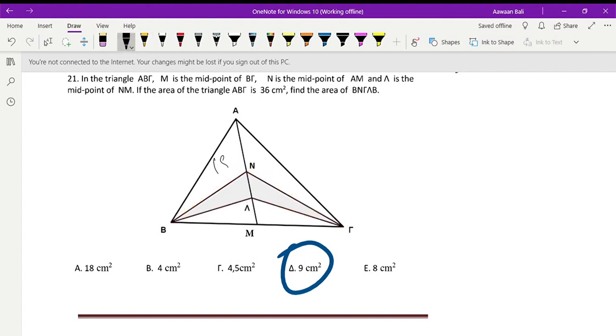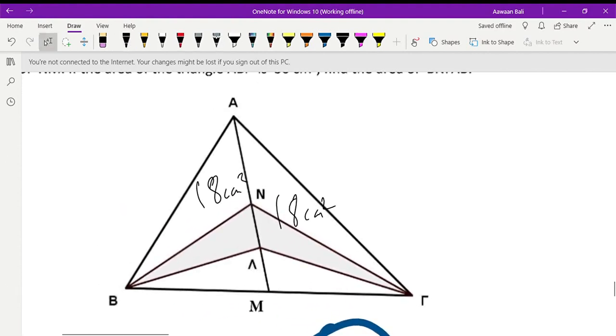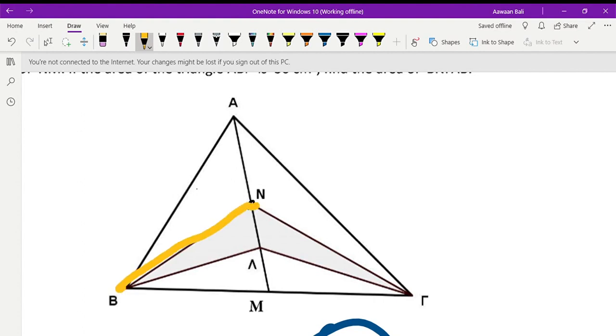First, we know this is 18 centimeters squared, this is 18 centimeters squared. And since we're saying this is the midpoint, if we have it here, we all know this is 9, this is 9, this is 9, this is 9. And again, it says this is the midpoint.